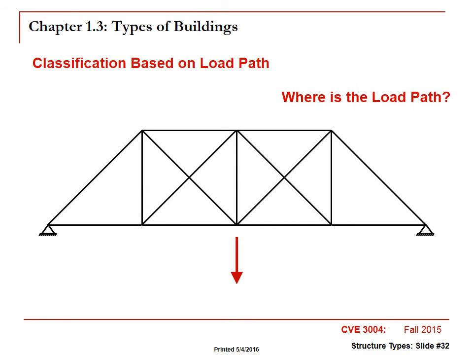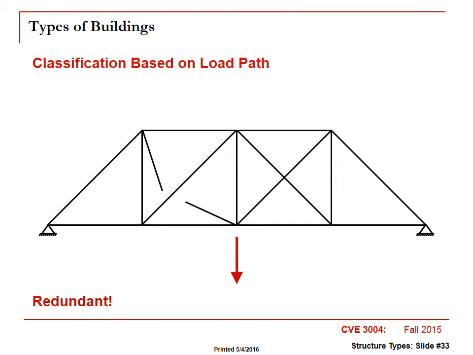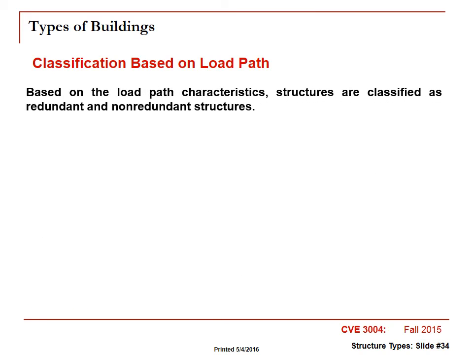If we had the same truss, but we had some counter diagonals, and one would break, there would be the ability for the load to flow through someplace else and ultimately make it down to the ground. So that's a redundant load path. So we can talk about things based on redundancy as well, and you'll hear that topic come up as we go on in the class.